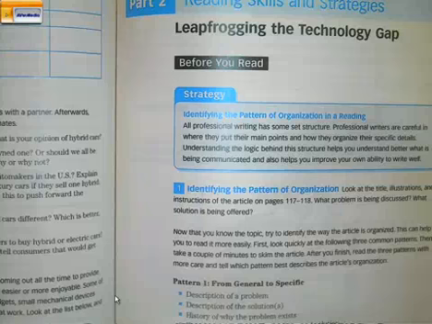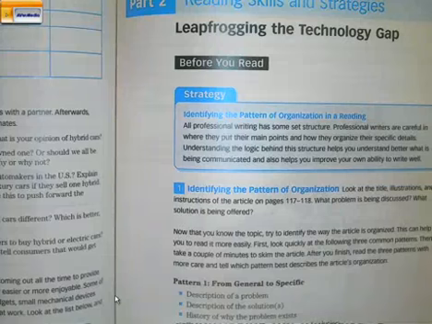So if you jump over the technology gap, let's imagine that we have a very poor country. Give me an example of a poor country. Let's say Sudan, for example. And if we want to compare Sudan with Japan, well, there is a big difference between Sudan and Japan.